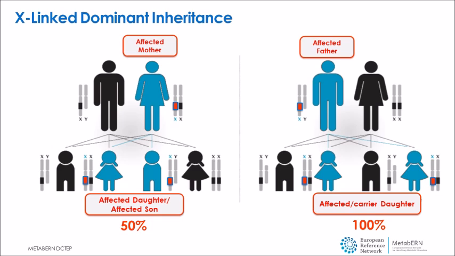A striking characteristic of X-linked inheritance is that fathers cannot pass X-linked traits to their sons. Fathers only pass X chromosomes to their daughters and Y chromosomes to their sons. In contrast, affected mothers pass X-linked genes to both sons and daughters equally.